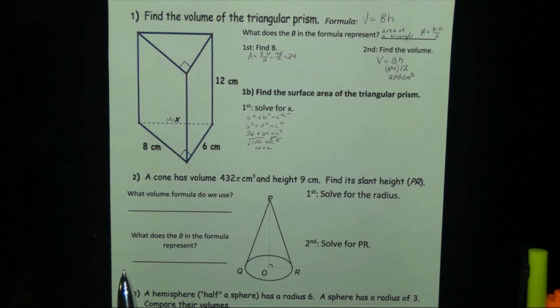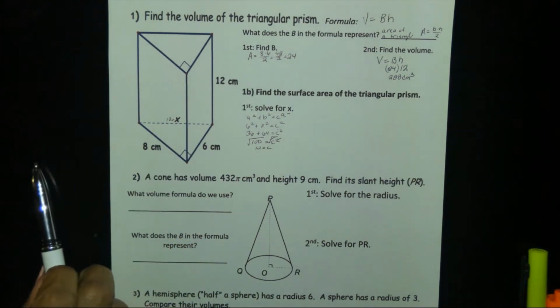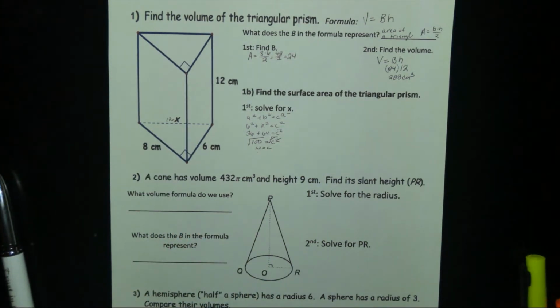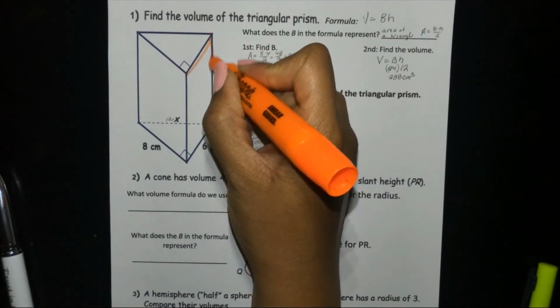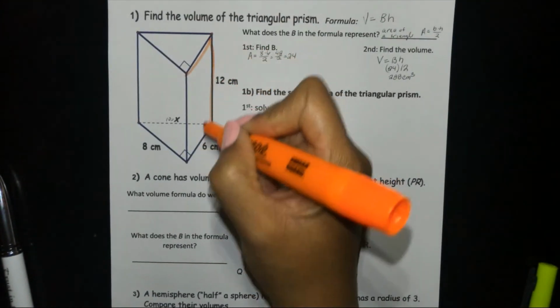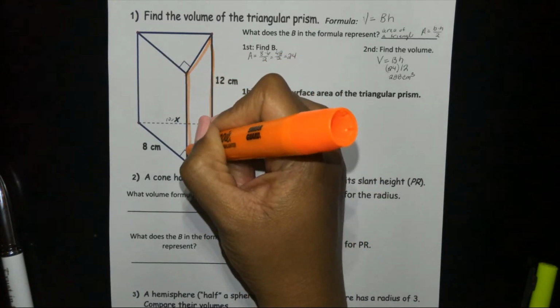So remember, the area is going to be for each shape. All right, so this is what we're going to do. I'm going to use this orange one to start off with one side. I need to know the area of this. This one is a rectangle.